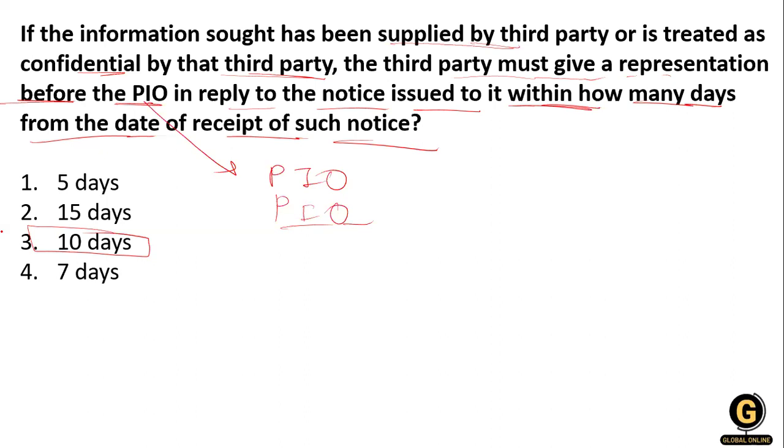So what is the question? If the information sought has been supplied by the third party, or it is treated as confidential by the third party, meaning they have decided this is confidential information and you do not disclose it to anybody else, then the third party must give a representation before the PIO in reply to the notice issued within how many days?